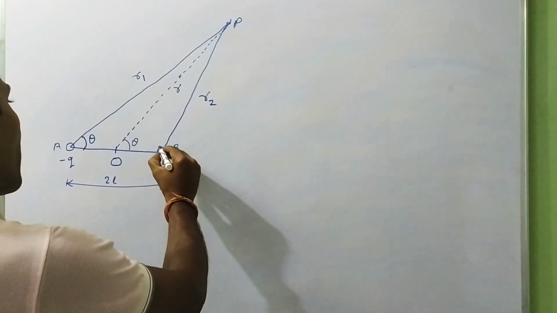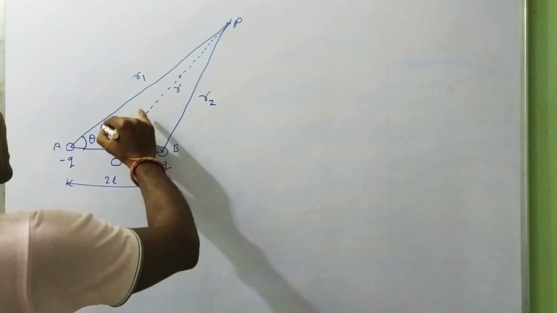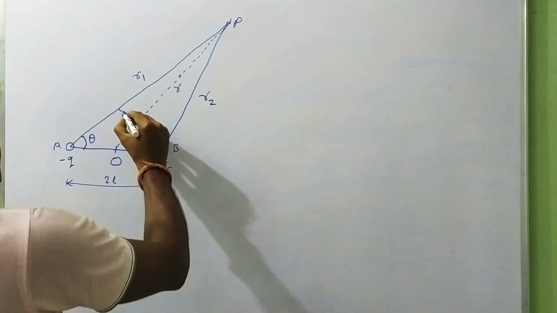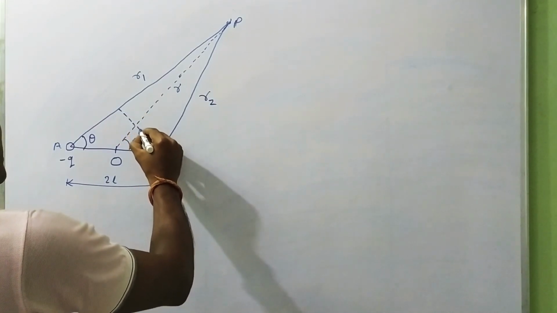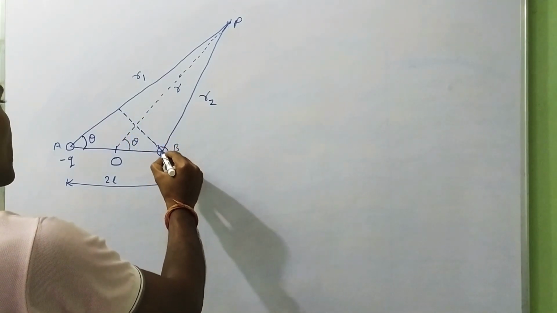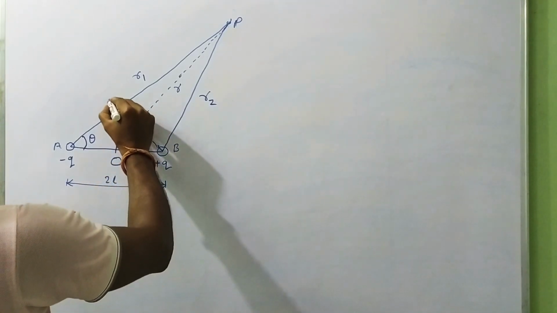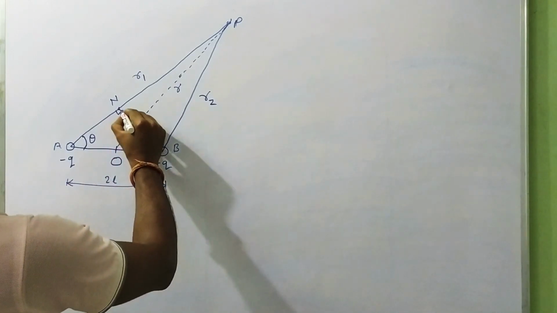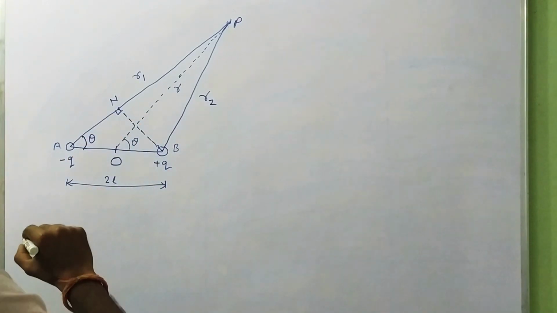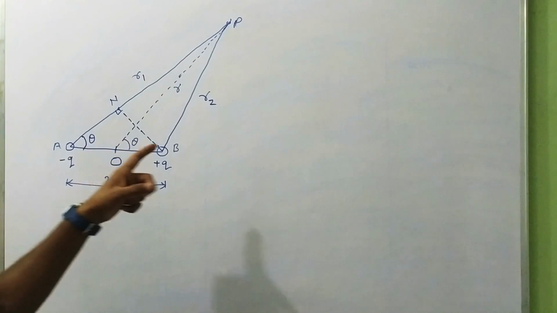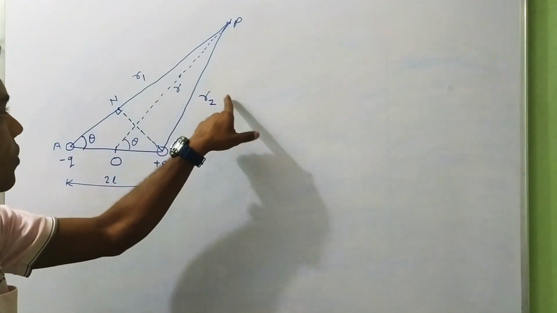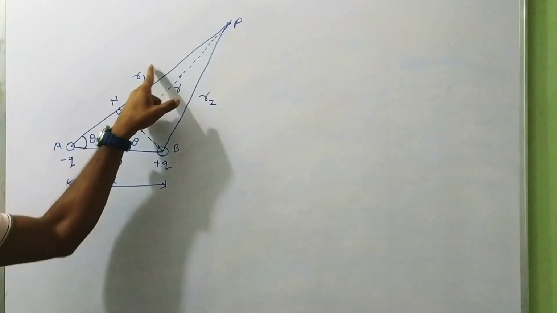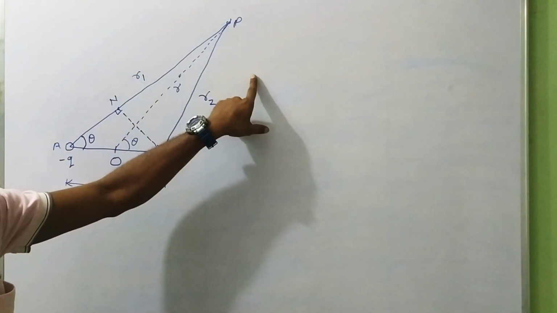Now draw a perpendicular on the AP side from this point B. This is the perpendicular. Let this point be N. This angle will be 90 degrees. Now look at this. R2 means BP, and the distance R1 is AP.